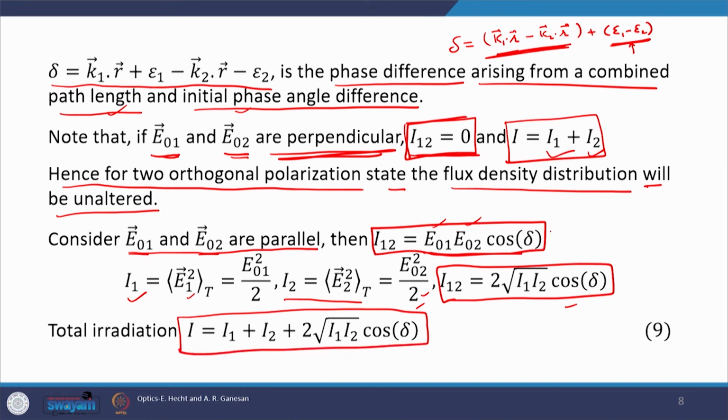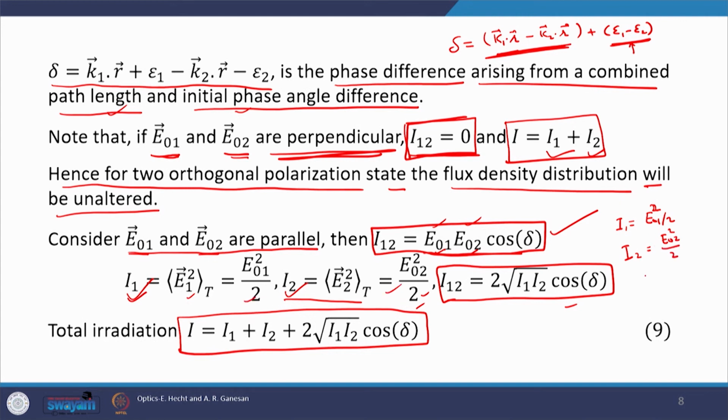Once the cross term is known, we can easily calculate I1 and I2. Then we can express E naught 1 and E naught 2 in terms of I1 and I2. What I mean is that I1 you can always express as E naught 1 square by 2 in the parallel polarization case, and similarly I2 you can express as E naught 2 square by 2, as given here.